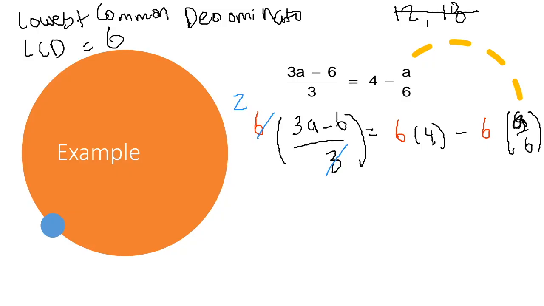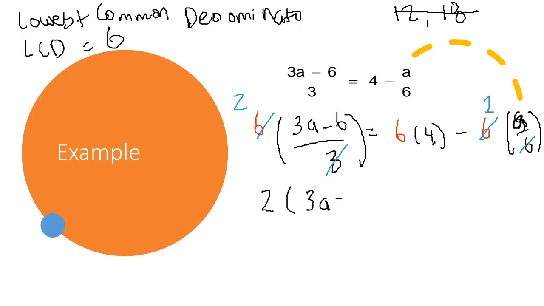You can also think of it as 3 goes into itself once and 3 goes into 6 twice, but it's easier to just think of what is 6 divided by 3? It's 2. And then here, what's 6 divided by 6? It's a 1. So that's what we're left with. That's why we did it. So instead of writing all of this, I have a 2, because these two reduced to just be a single 2.